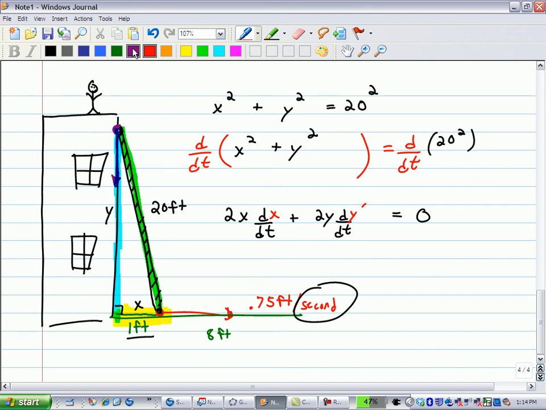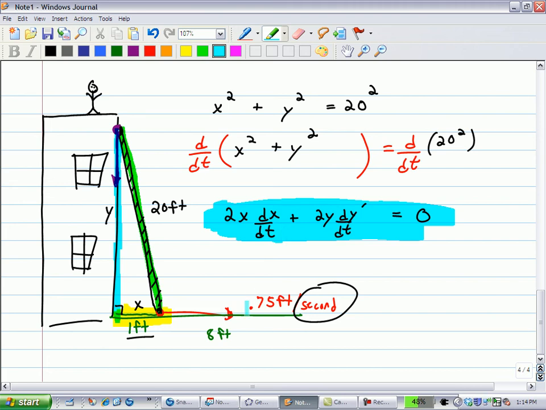So, do we have any information that can be plugged into this model? Where's 0.75 go? That's just x prime. Yep, that's just 0.75 feet.